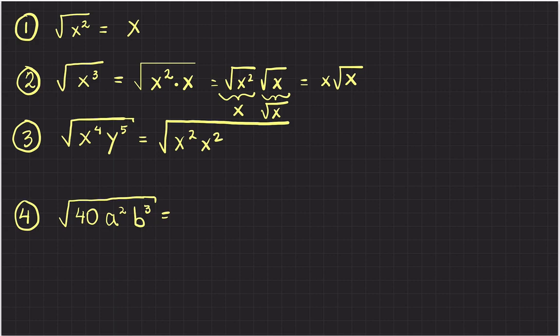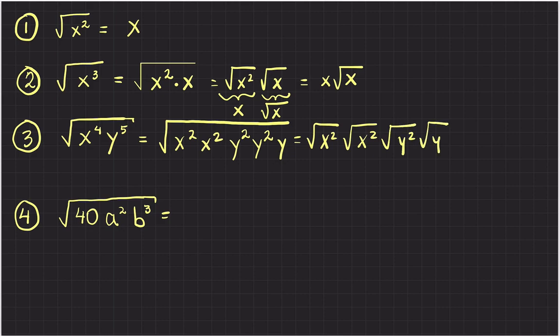And for y to the power of 5, we're going to do y to the power of 2 until we get to 5. Here I have 2 plus 1 will be 5. So now single square roots for each. Of course, you can skip this step as long as you know what you're doing.